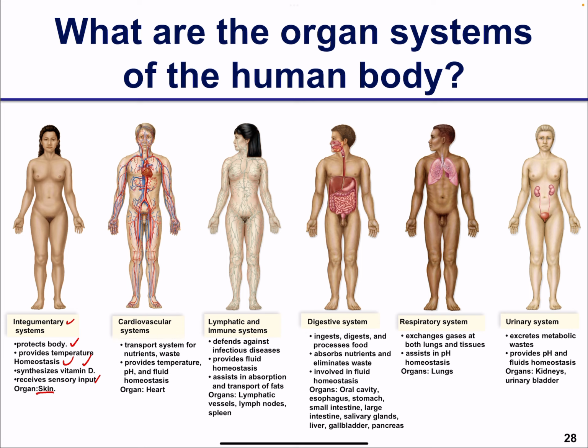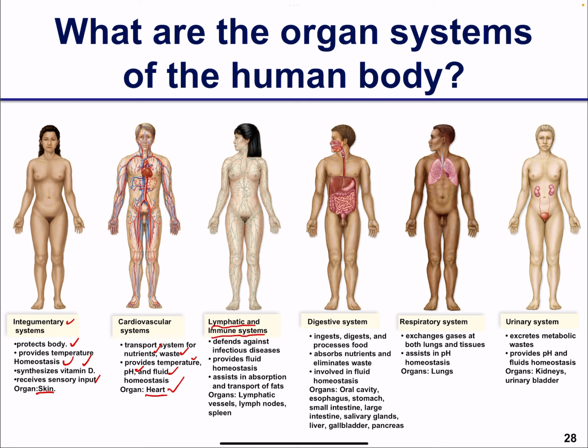How about the cardiovascular system? The cardiovascular system, its job is going to be to transport nutrients and waste. It's going to play a role in maintaining an internal stable temperature, pH, and fluid balance. An example of organ is the heart, but we also have blood vessels. How about the lymphatic system?